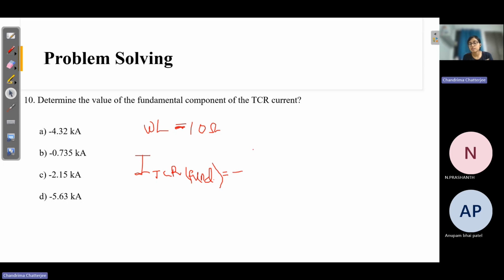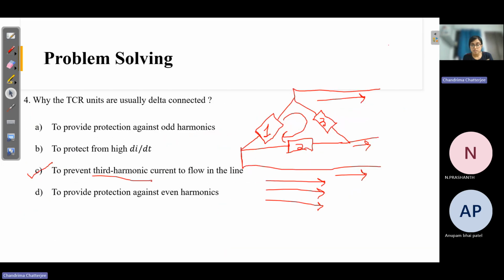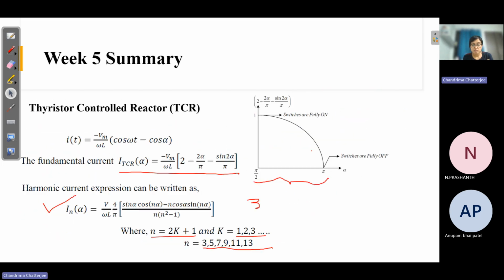That was minus Vm by omega L, then 2 minus, we wrote the expression here.